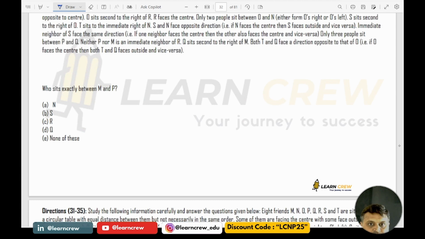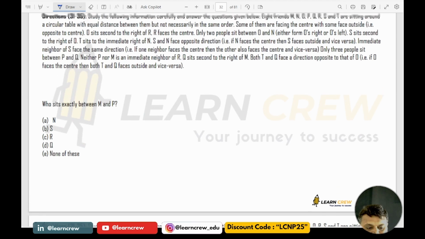Now, next one more puzzle is there. It is a puzzle based on circular arrangement, 8-person circular arrangement. Some of them are facing center, some are facing outside. O is second to the right of R. R faces center.